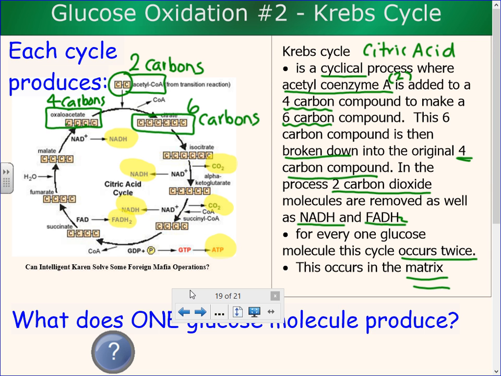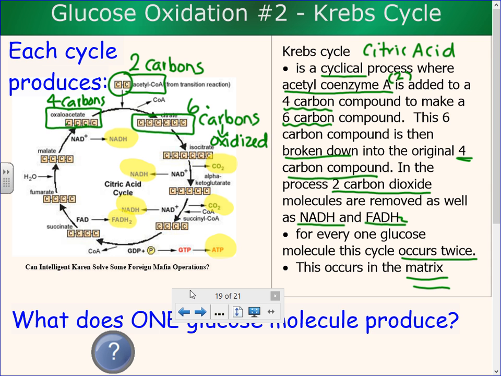And then, over a number of steps, that 6-carbon compound is going to get oxidized. Now, do I need you to know each step and which order they all happen in? Absolutely not. I need you to know that after I get this 6-carbon compound, I start oxidizing it.